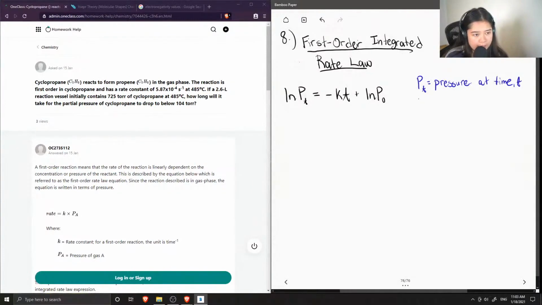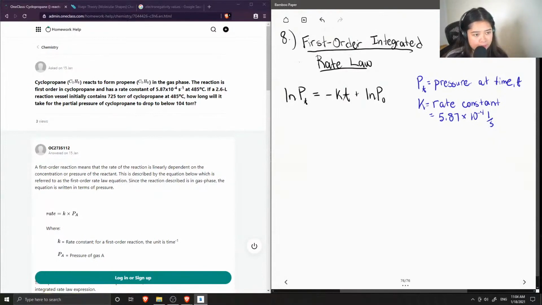And we have k, which is our rate constant. This was given in the question, which was 5.87 times 10 to the negative 4 inverse seconds.